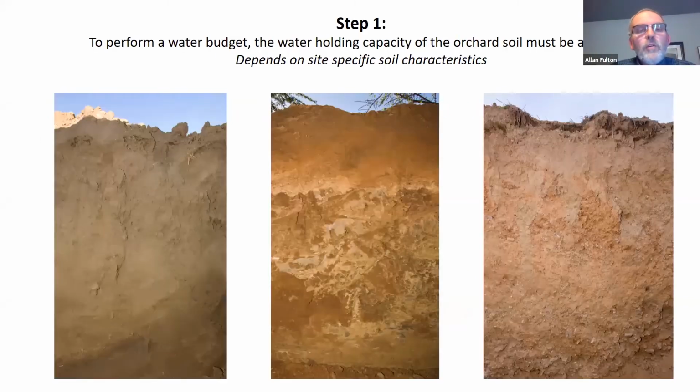In order to perform a water budget and relate it to the soil conditions, as a first step we have to assess the water holding capacity of your orchard soil. This is a site-specific characteristic, and the goal is to give you the tools and skill set to assess this for yourself.